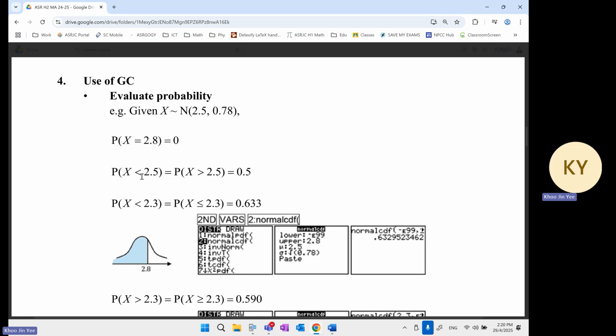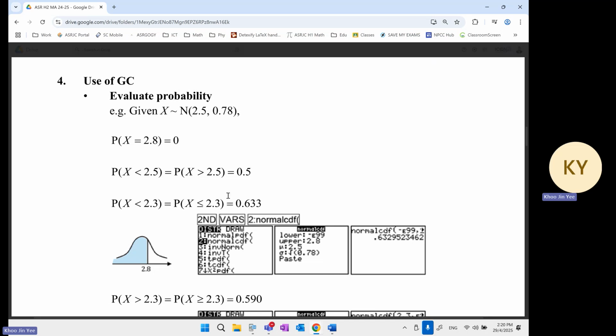If you notice, this is the mean. Because it is symmetrical about the mean, the area before the mean and the area after the mean must be the same, and they must be half. So this is the first thing. If you know that you're evaluating at the mean, before and after must be half.